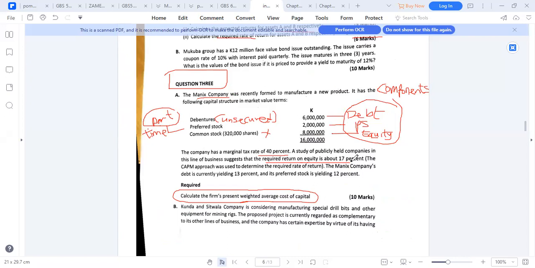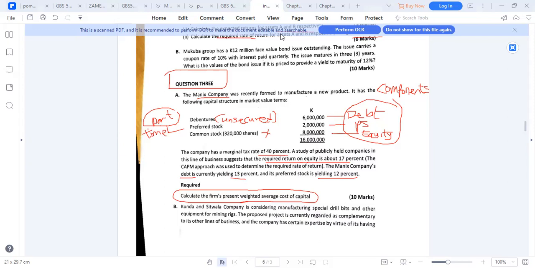And then the debt is trading at 13%. Cost of debt is 13%. The cost of preferred stock is at 12%. So meaning everything else has been given. So we need to substitute and get the values.